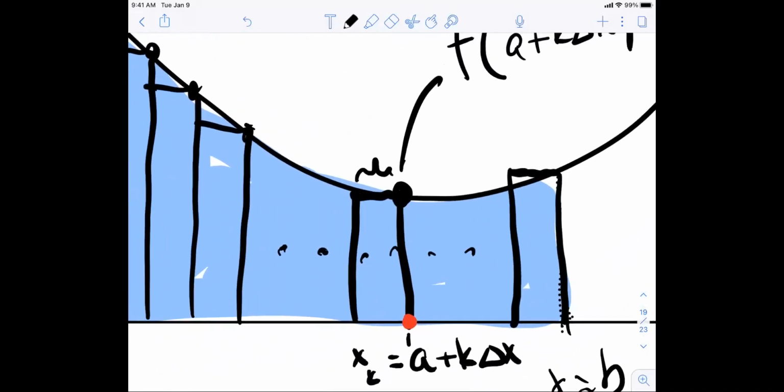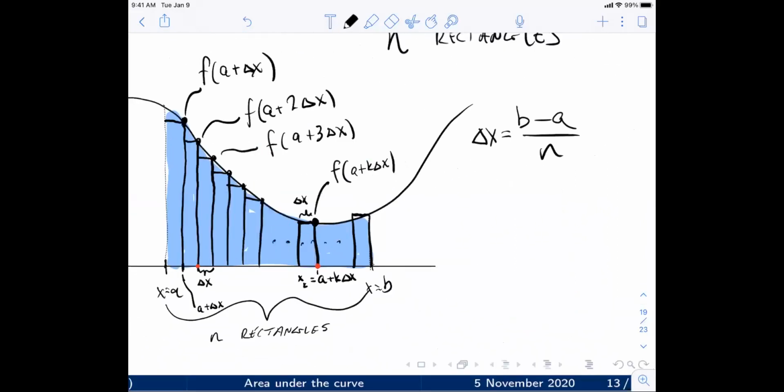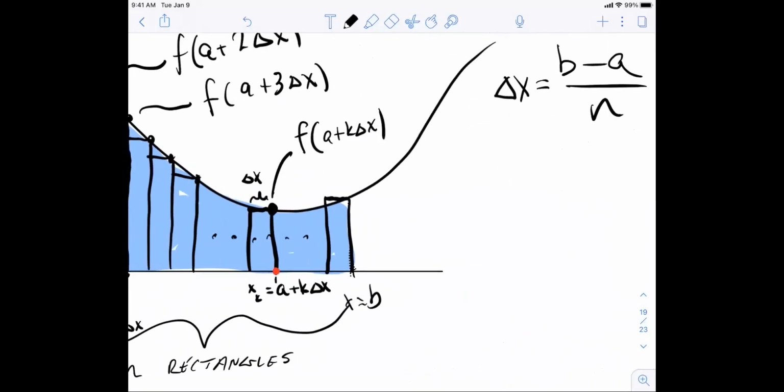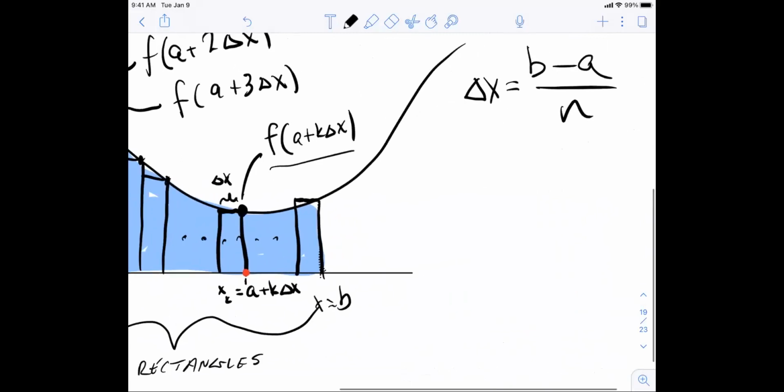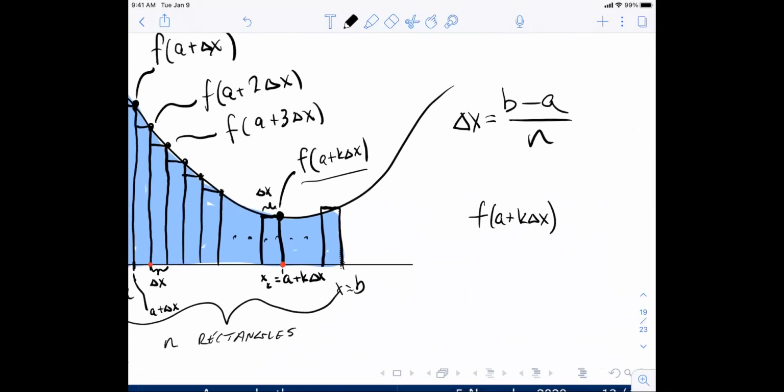Because this has a width of delta x, remember. So what is the area of that rectangle? Well, its height is f of a plus k times delta x. And its width is what? Delta x.